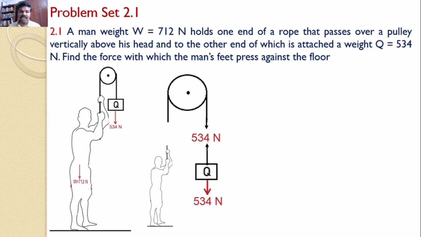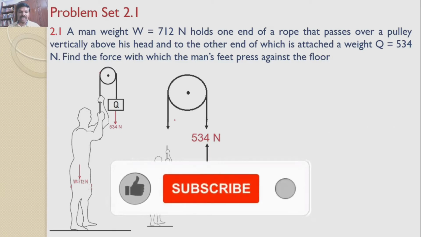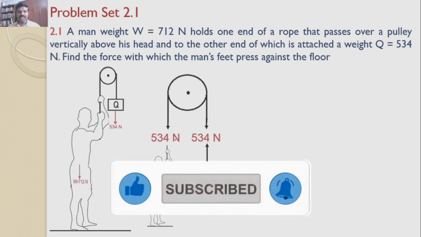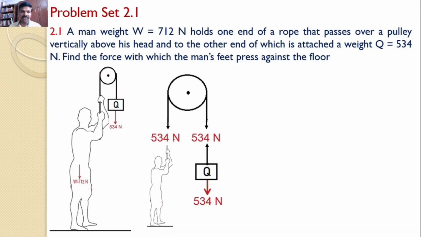To satisfy the equilibrium of the rope, this side the force must be downwards and the magnitude is 534 newtons. Since on the right side the force is downwards, once again by considering the equilibrium of the rope, the force on the other side of the rope must be downwards and the magnitude is also equal to 534 newtons.